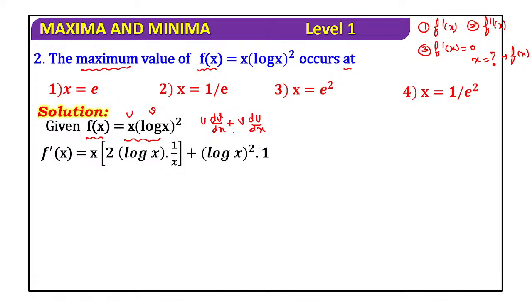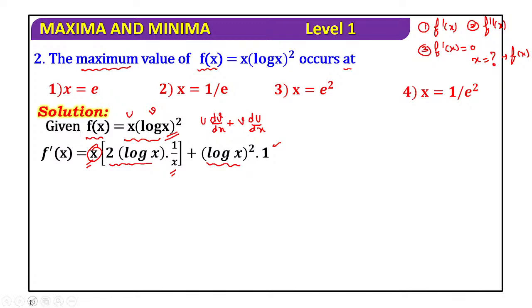Clear? So you calculate it. u is x, v is (log x) whole square. To differentiate this, it will be 2 times log x, the differentiation of log x is 1 by x, plus (log x) whole square you write as it is, differentiation of x is 1. Okay. So now you have x into 2 times log x into 1 by x plus (log x) whole square into 1.